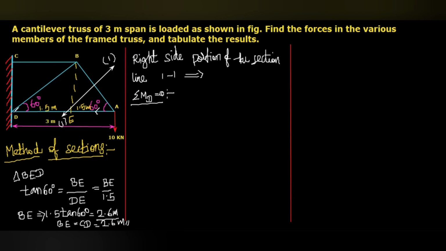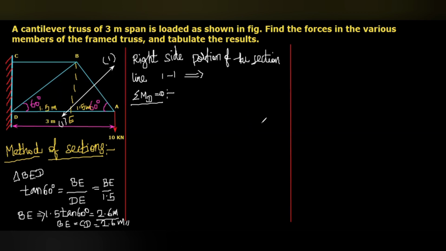So the moment due to this force TAD will be eliminated. For this case, we are not going to consider this TAD. So only these two forces, the 10 kilonewton and the tension force in AB.